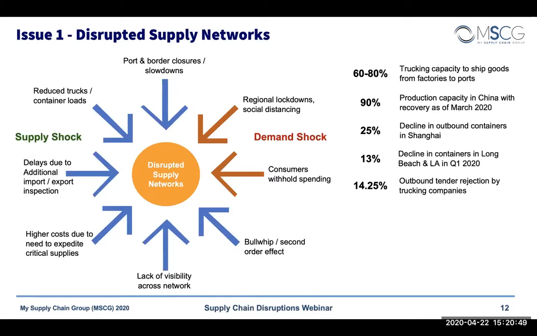So there's a supply shock, with manufacturing and shipping crippled from some of the overseas manufacturing suppliers, specifically China, since they were the first ones hit, and they shut down their entire country right in the middle of the Chinese New Year.